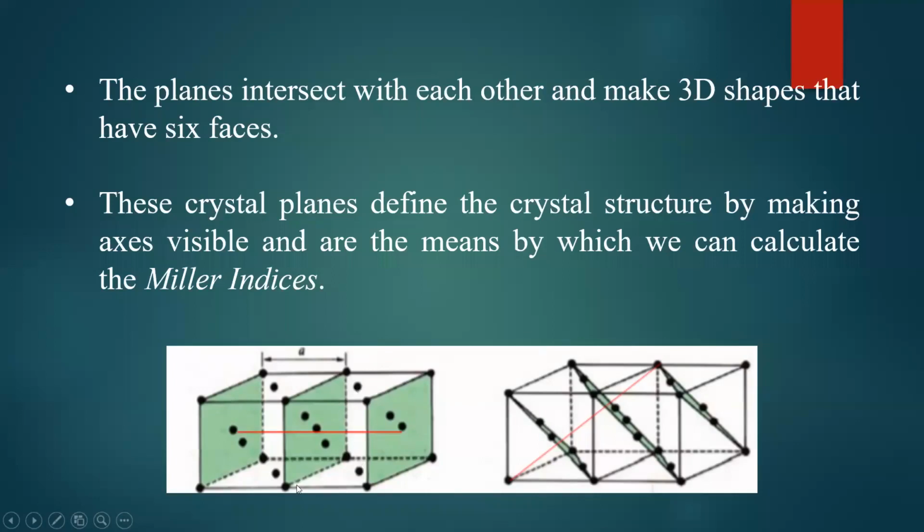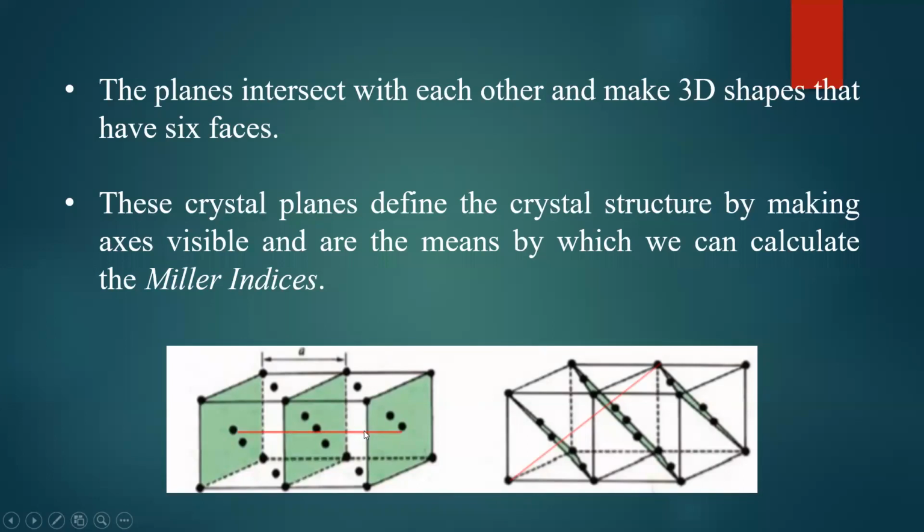If you construct such sets of parallel planes, they can form a 3D shape having 6 faces. If you take the cubic crystal system, you can find 6 faces corresponding to the unit cell, and each face is parallel to the next face separated by a certain distance. So these constitute a 3D shape.